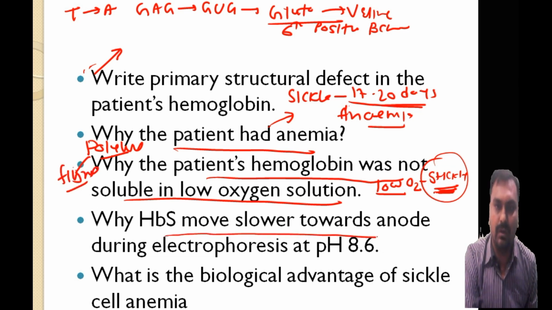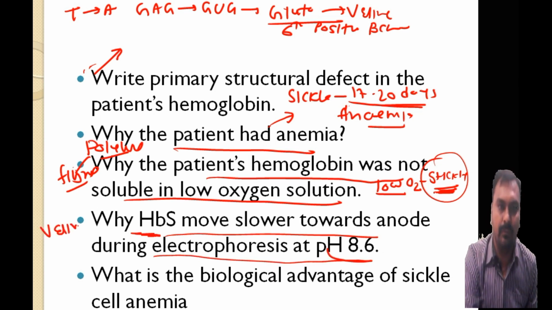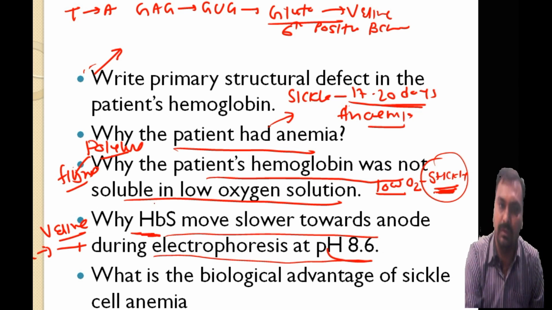HbS moves slower towards the anode during electrophoresis at pH 8.6 because HbS has a valine group. Glutamic acid normally has a negative charge, so it will move towards the positive charge, but as it is replaced by valine, sickle hemoglobin moves slower towards the anode, the positive side, because it does not contain as much negative charge.